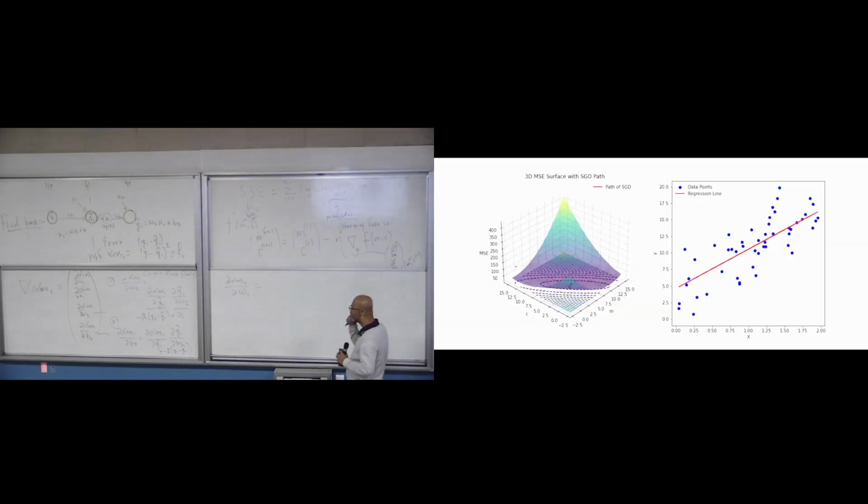D loss i dW1. Okay. So how do you think we will compute this? Well, what do I have? I have my yi hat. That's what I have, right?